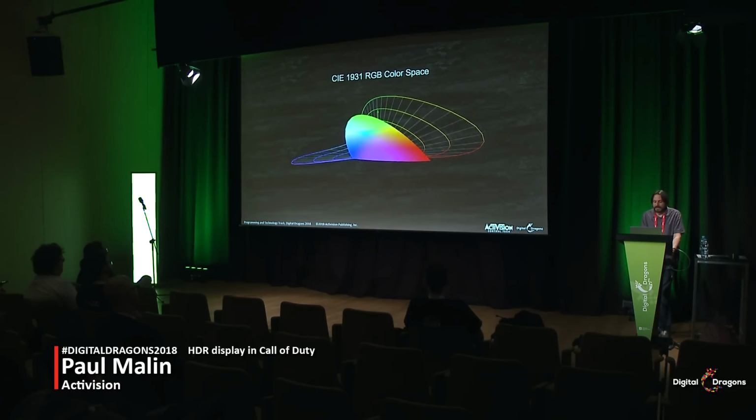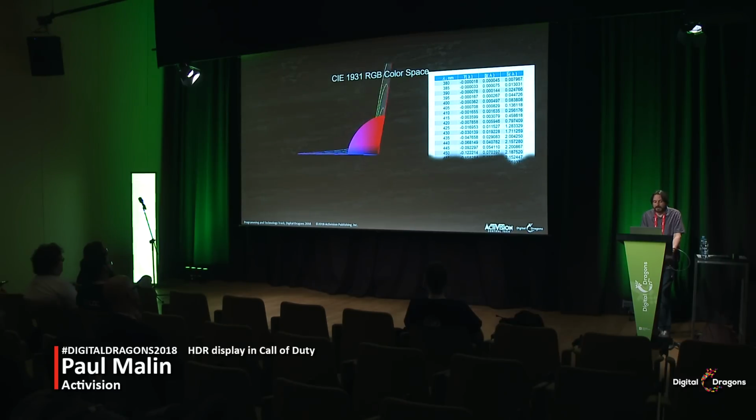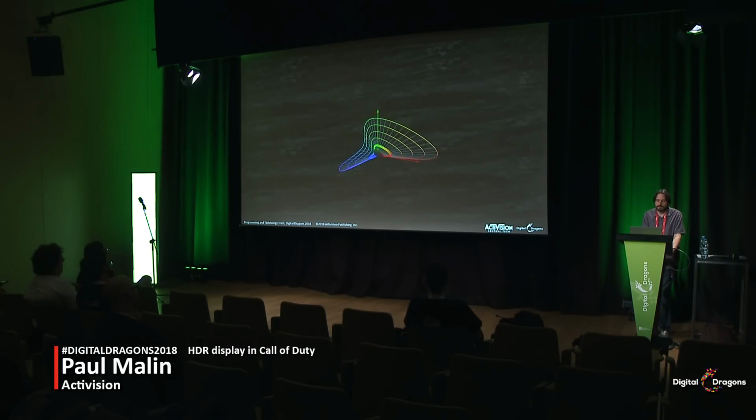This is the CIE 1931 RGB color space. It's defined by the table of values that formed the RGB color matching functions. In the CIE RGB color space, the color matching functions can have negative values along the red axis.